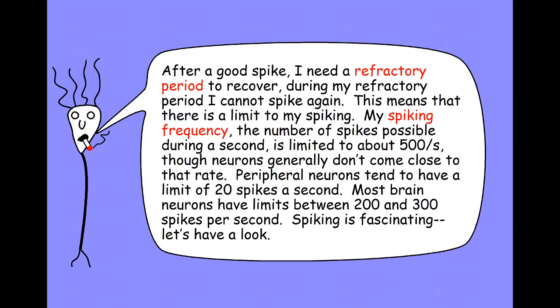The number of spikes possible during a second is limited to about 500 a second, though neurons generally don't come close to that rate. Peripheral neurons tend to have a limit of 20 spikes or so a second. Most brain neurons have limits between 200 and 300 spikes per second. And so there are upper bounds to how many times a neuron can spike.